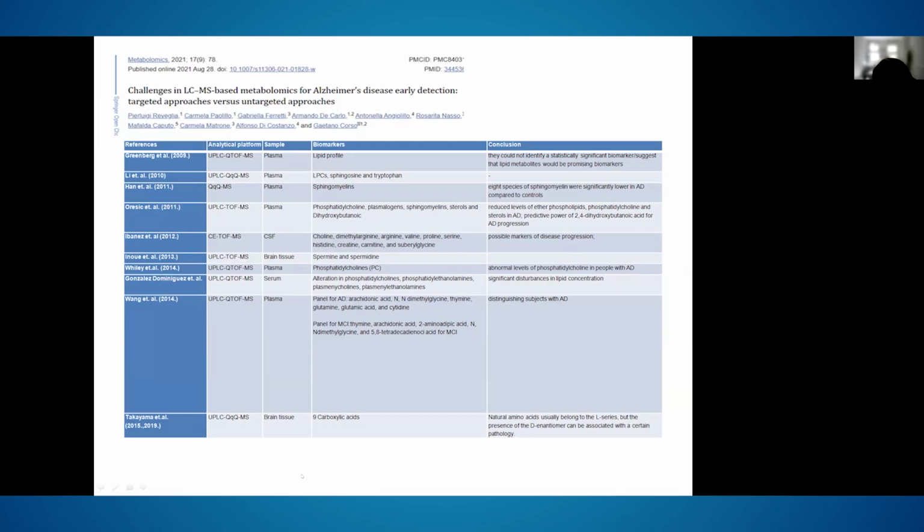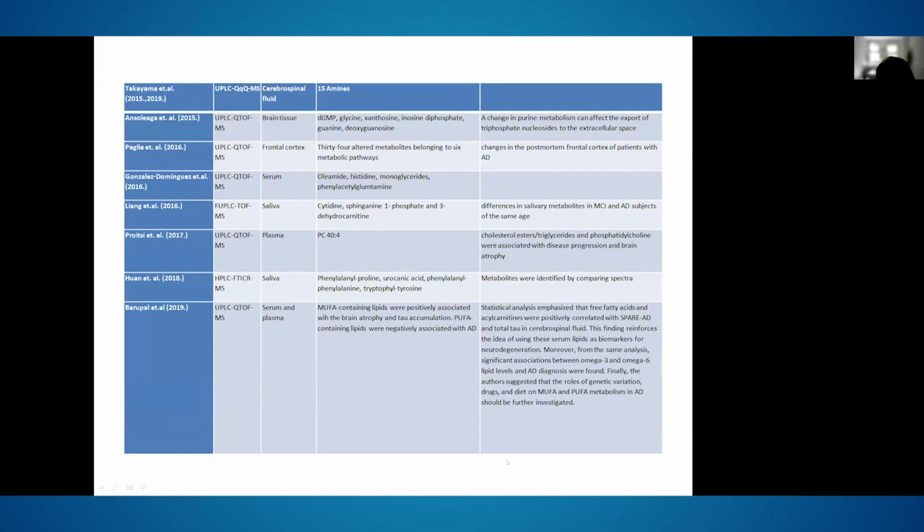Research has identified alterations in several groups of metabolites, like lipids, amino acids and their derivatives, organic acids, and energy-related metabolites. Key findings include reduced levels of sphingomyelins and phosphatidylcholines in Alzheimer's disease.